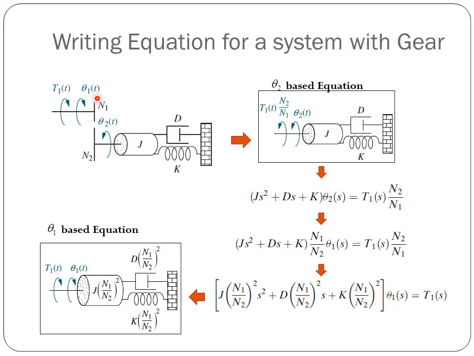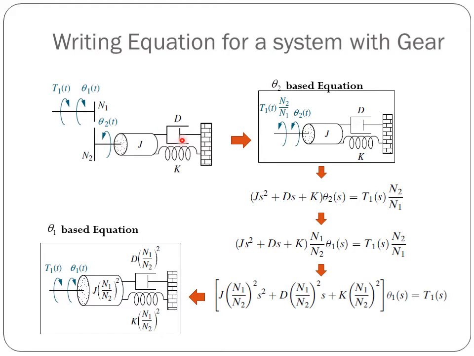Is it clear? It means that all of these impedances are connected to the left side as well, but their values are different. On the right side the value is J, on the left side the value is J times n1 by n2 whole square. So this is the difference.